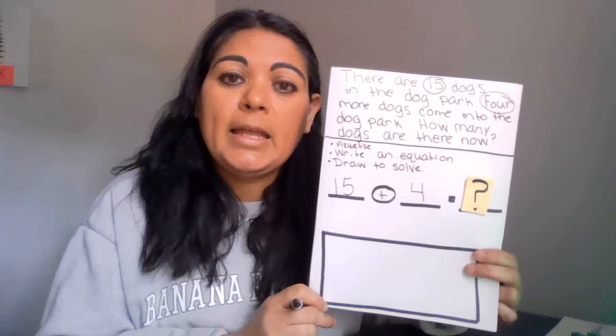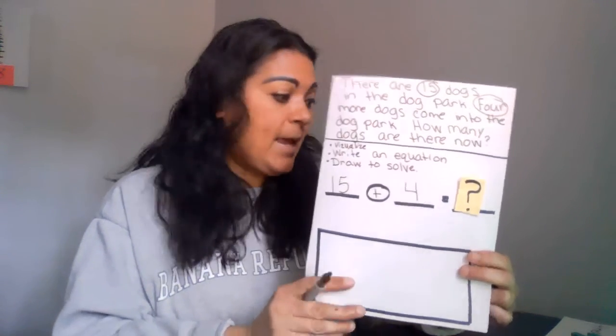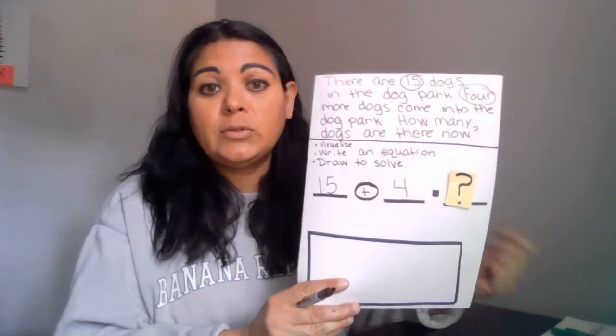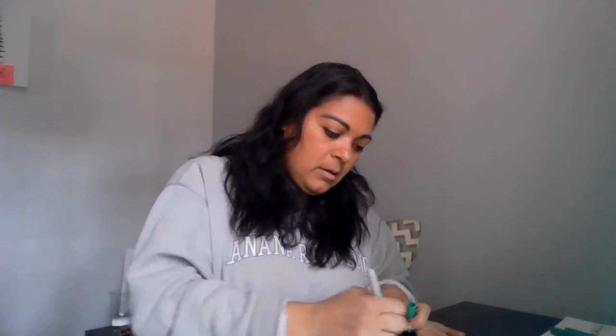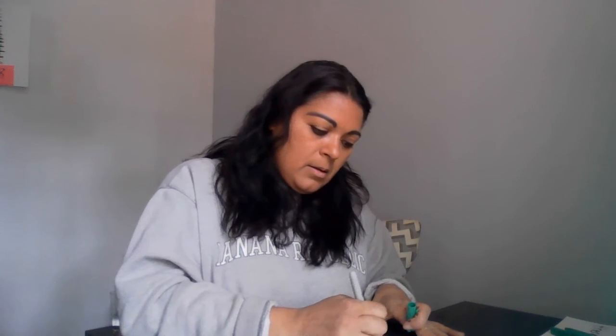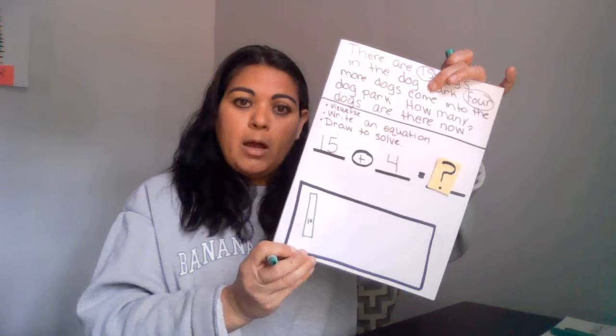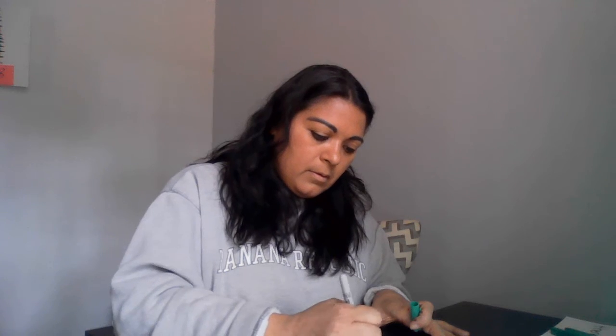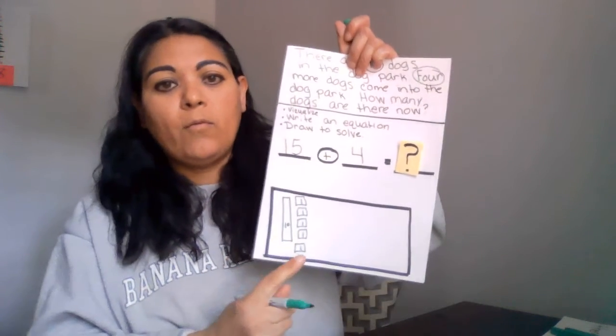So now let's go ahead and use our base 10, our rods and our units to show those values to bring those amounts together. So let me first represent 15 by drawing a rod and 5 units. Okay, and then 4 more came in.